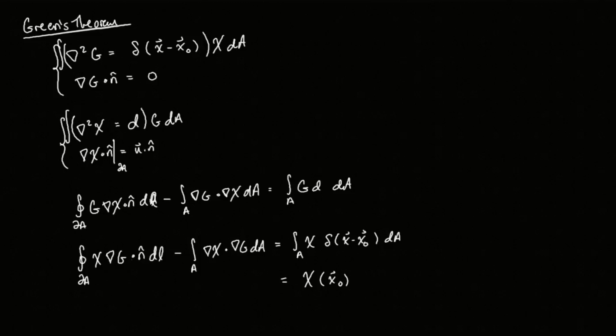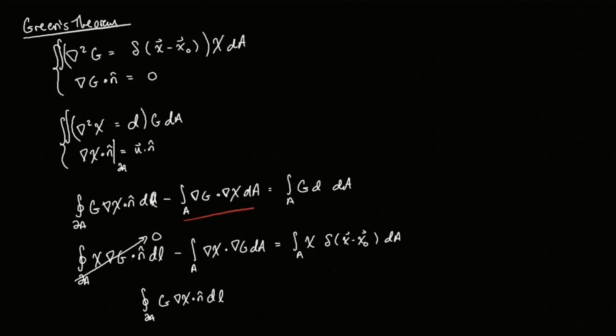Okay. Now because of the boundary conditions for the Green's function, this goes to 0. Okay. So now if we subtract these equations, we take the first equation, subtract from the second one, what we have is the boundary integral of g grad chi dotted with n hat dl.